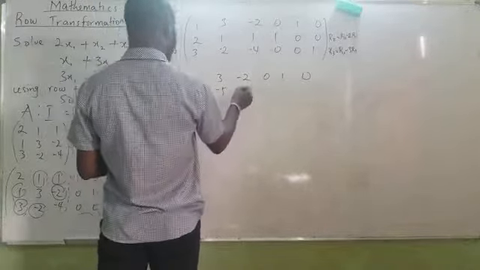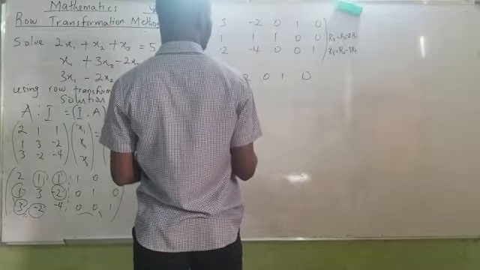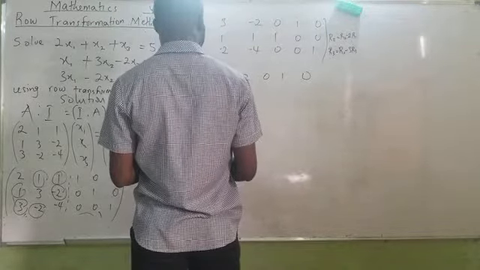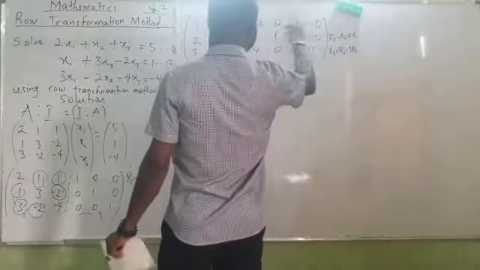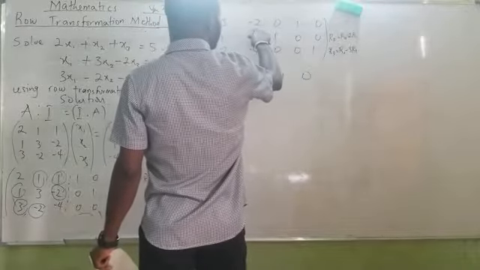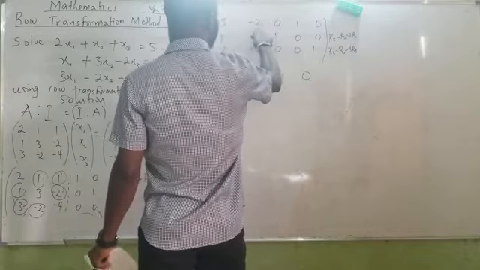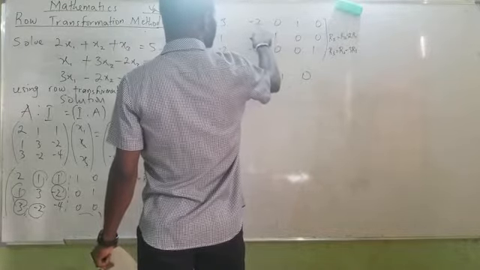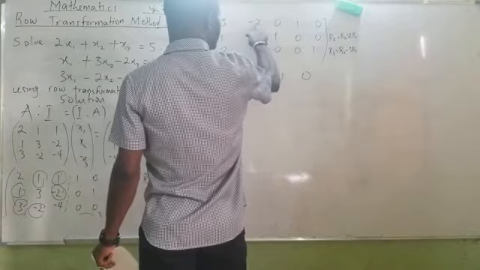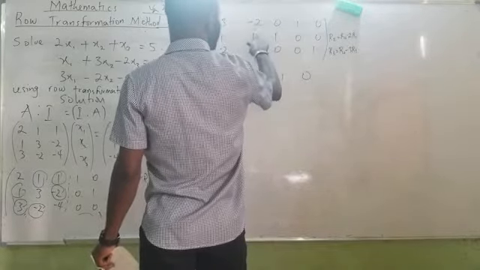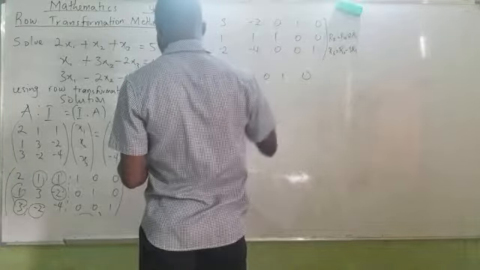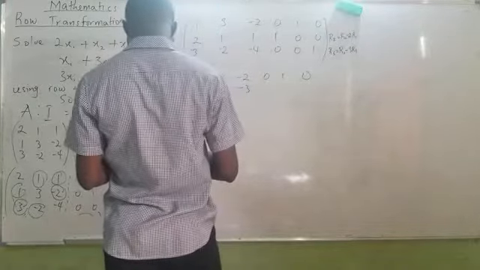I have 2 times minus 2, which is minus 4, minus 4 plus this.